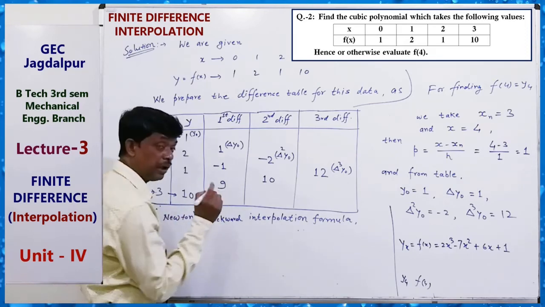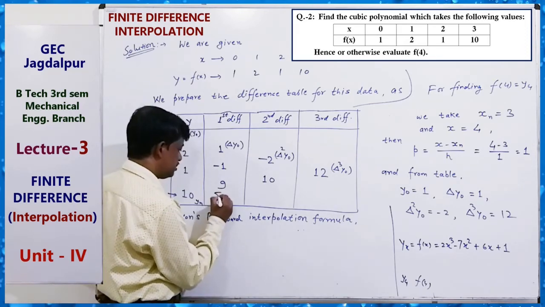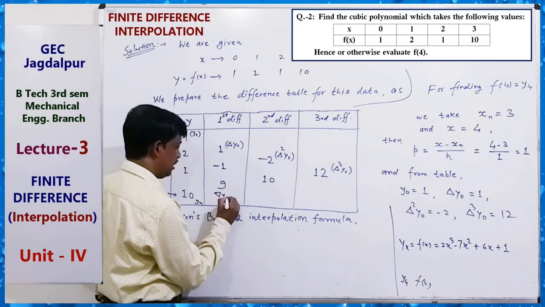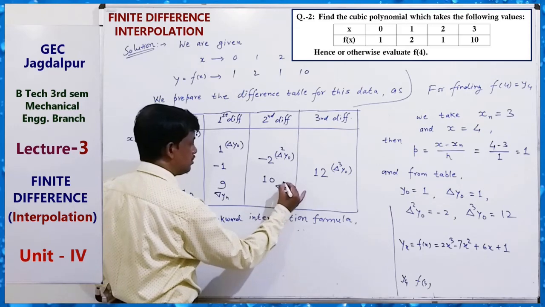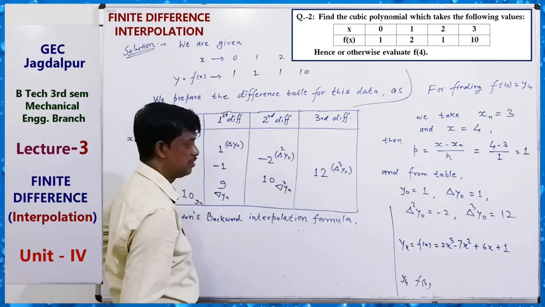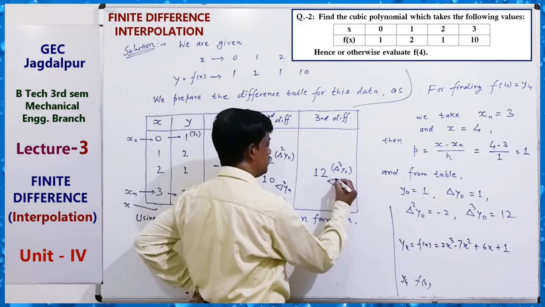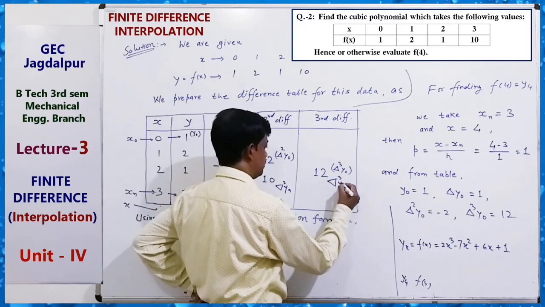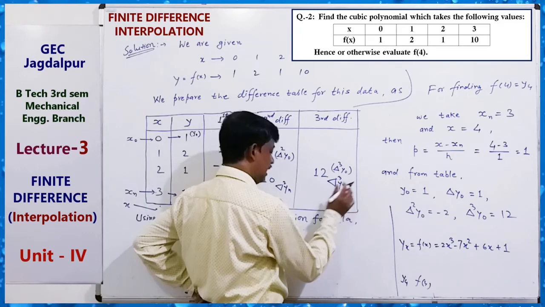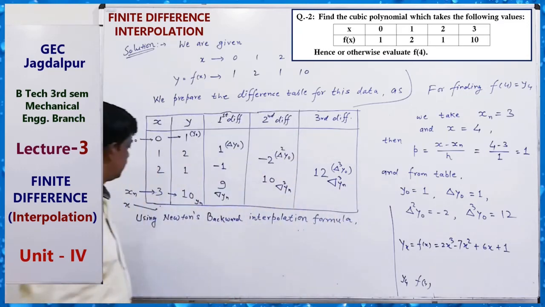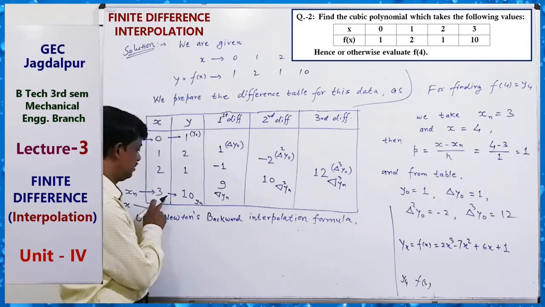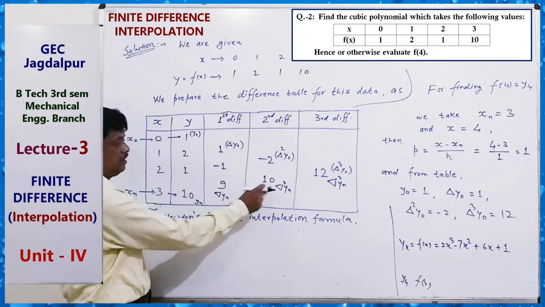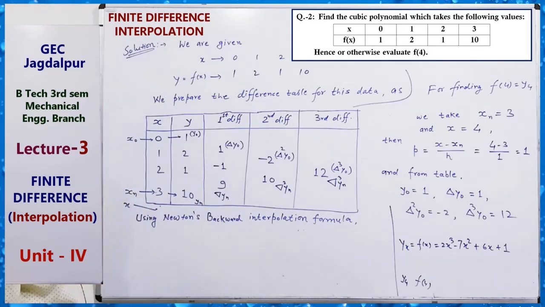and in backward notation, this is backward yn first order, and this is backward second order, and n means here at 3.